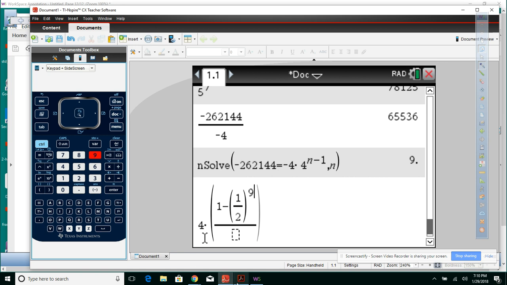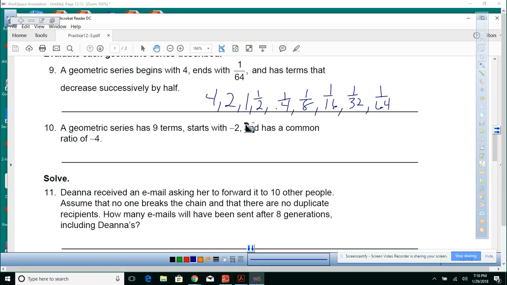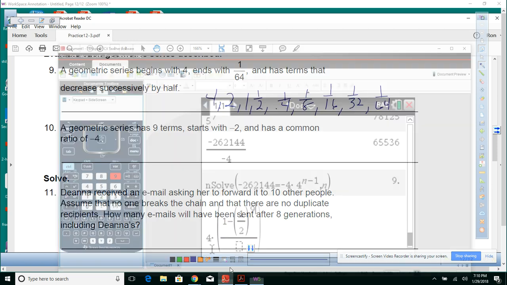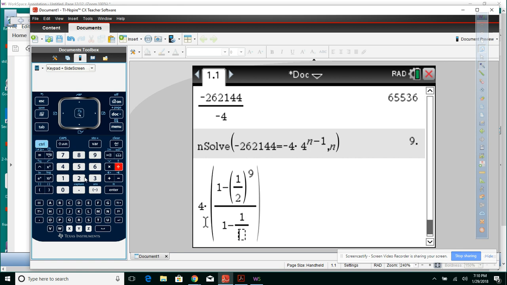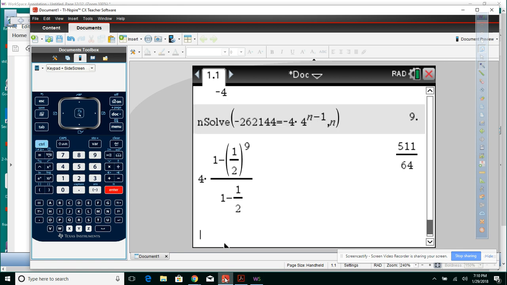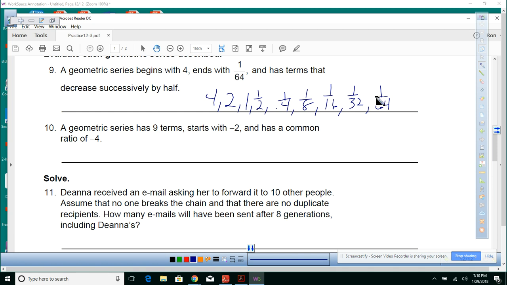That was 9, wasn't it? 1, 2, 3, 4, 5, 6, 7, 8, and N is 9. And then that's over 1 minus 1 divided by 2. All right. So we got 511 over 64 equals 511 over 64.